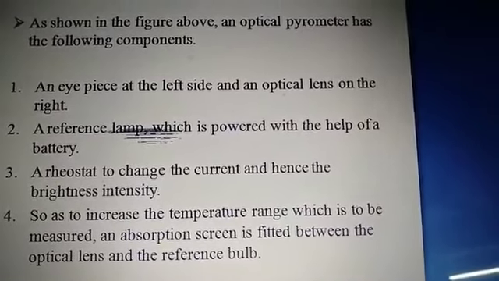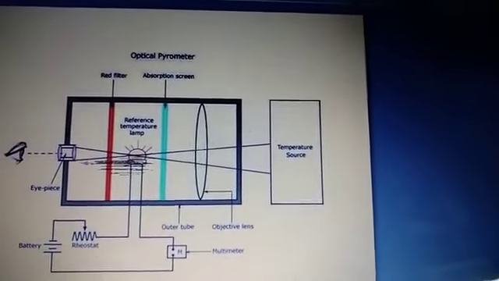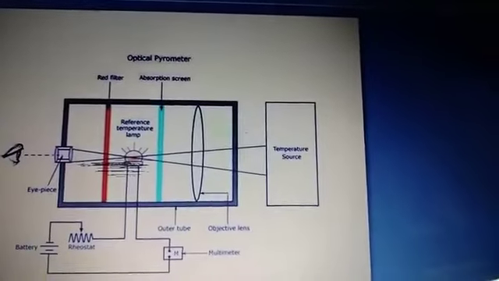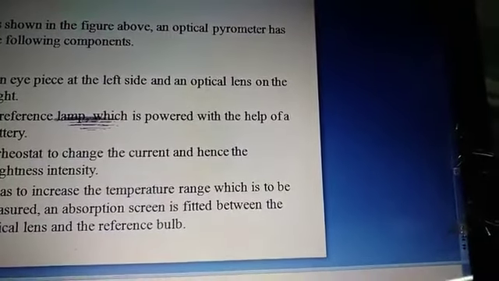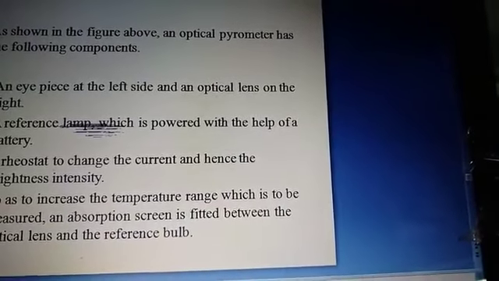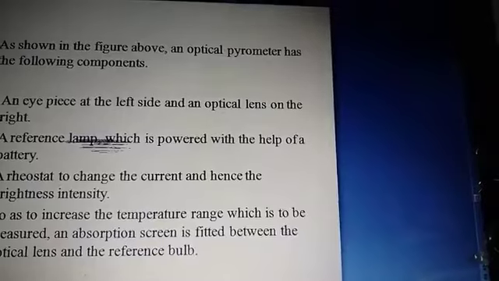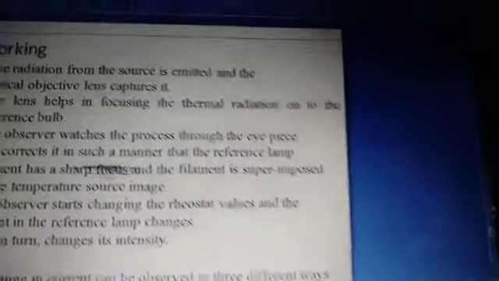There are two filters: one is an observing filter, the other is a red filter. The red filter passes red light to the observer. The screen is fitted between the optical lens and reference bulb to observe the heat radiation from the heating source.